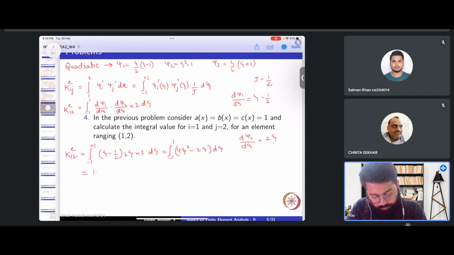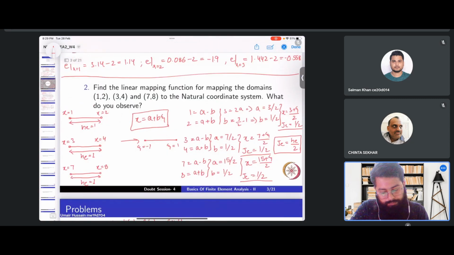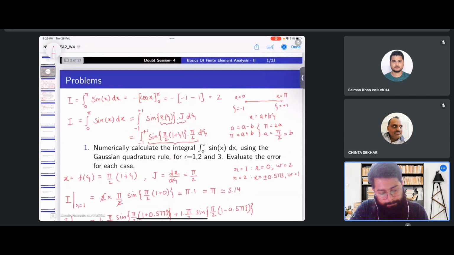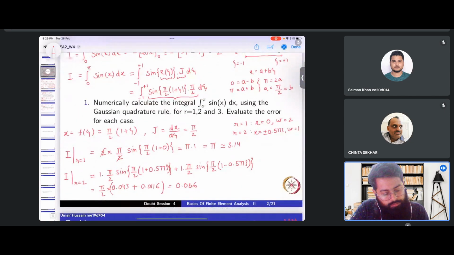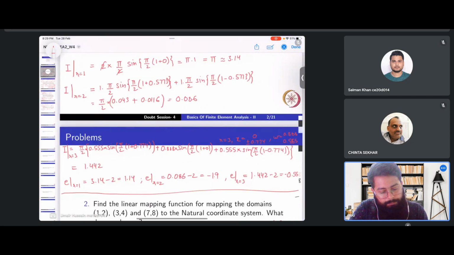So for 2 quadrature points, the weights are 1. What is our first point? 0.577, right? So r equals 2 here, 0.5773.